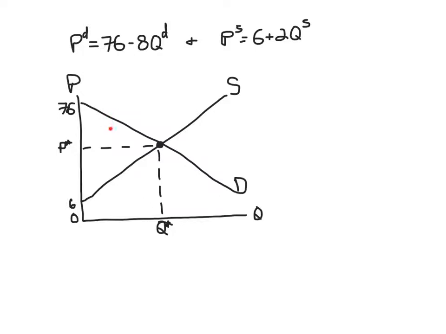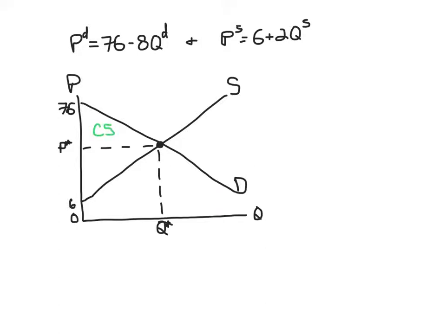So this distance between the demand curve and the price line, that's consumer surplus. And that's going to happen for the first transaction, the second, the third, all the way to Q star. So we can label this whole triangle as the consumer surplus.